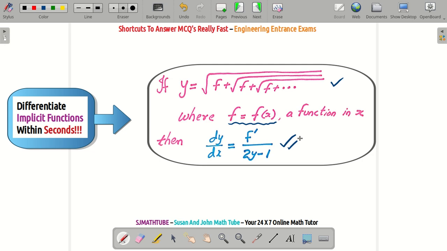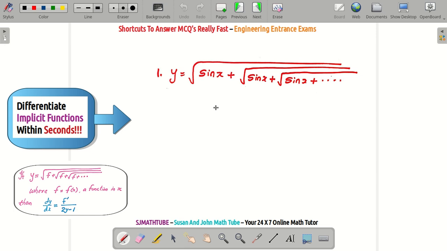And my friends, you don't have to waste your time making it an implicit function, squaring on both sides, then differentiating. Just go for the ready-made formula: dy by dx equal to f dash by 2y minus 1, where f dash stands for the derivative of f.